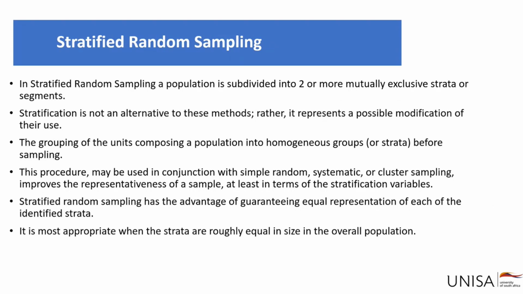Let's look at stratified random sampling, which is the third type of probability sampling. Here again, you subdivide a population into 2 or more mutually exclusive strata or segments. You go to a community and you divide them. Take the retail sector, for example, SMMEs. They might have characteristics or strata that they work with.